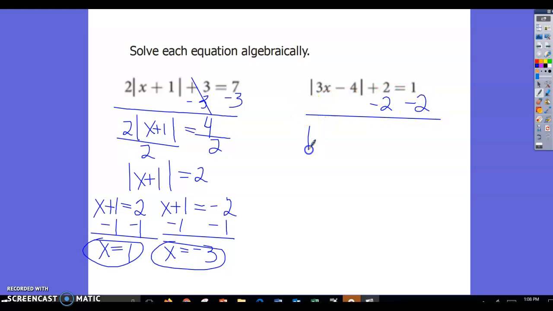Always isolate your absolute value first. The absolute value of 3x minus 4 equals -1. As the absolute value equals a negative number, I don't have to do anything else because I know absolute value cannot be negative, so this one is going to be no solution.